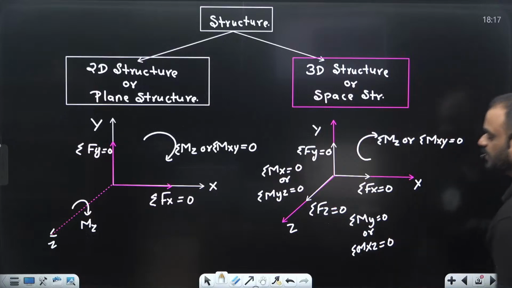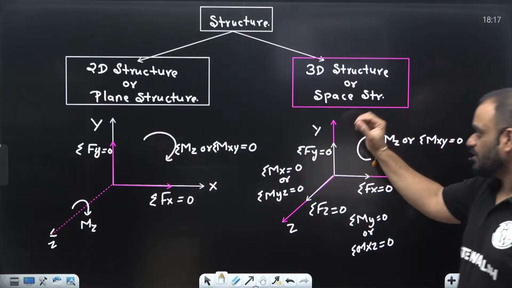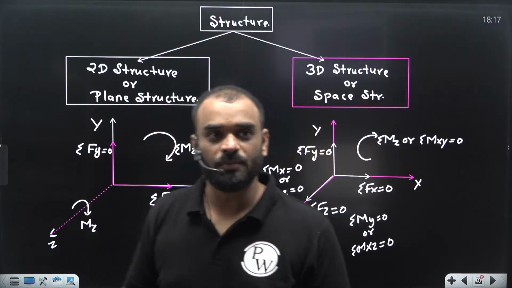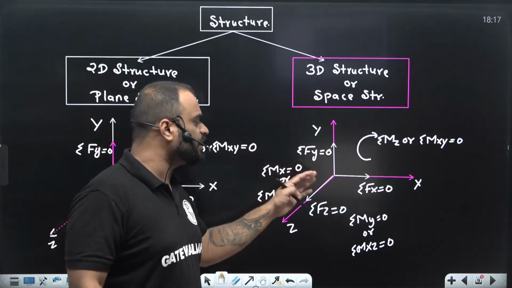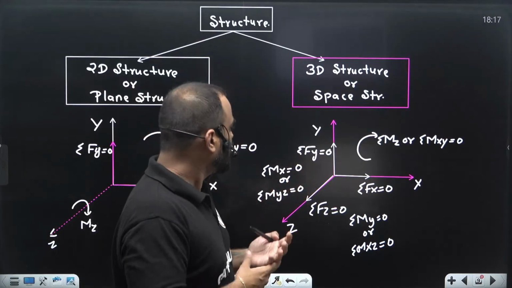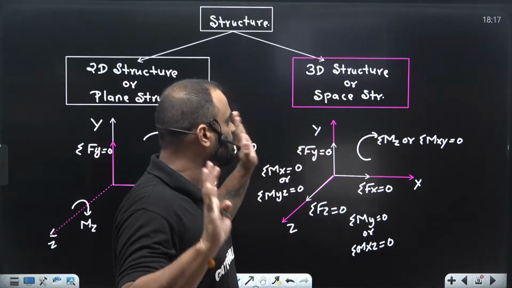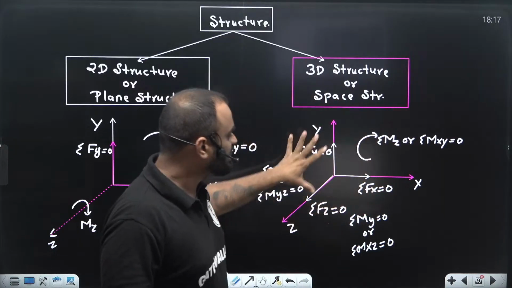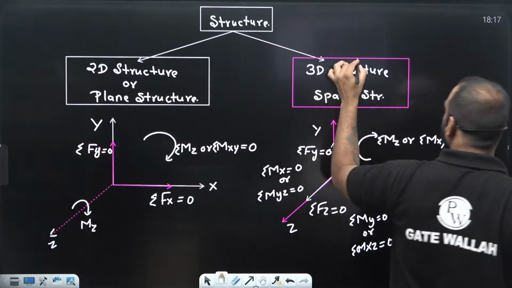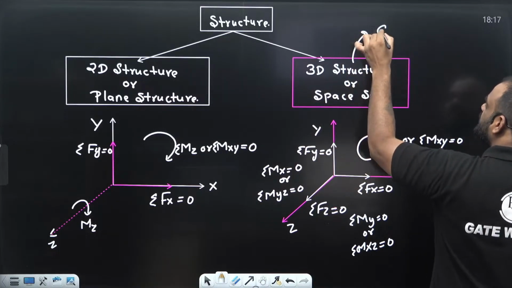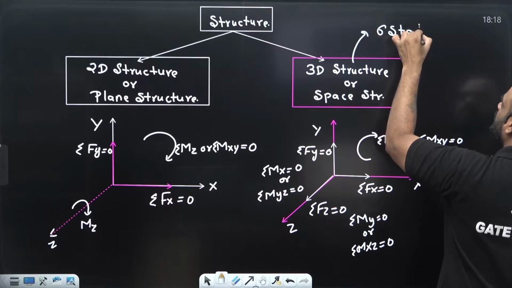So guys, that means in case of a 3D structure or space structure, if you want to satisfy the static equilibrium equations, then that particular 3D structure or space structure should follow all these equations. That means in case of a 3D structure or space structure, we have 6 static equilibrium equations.